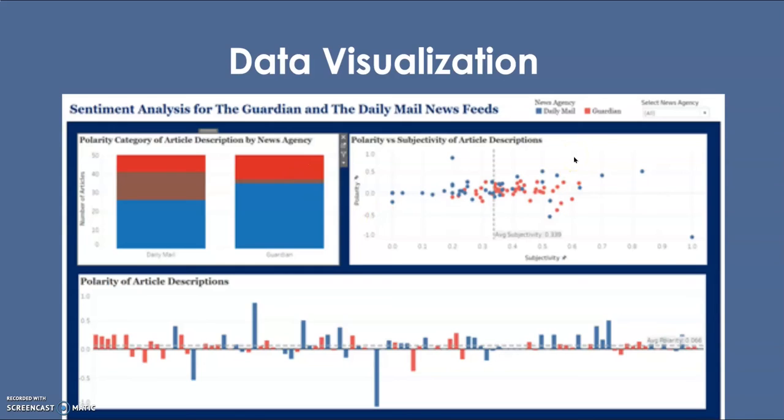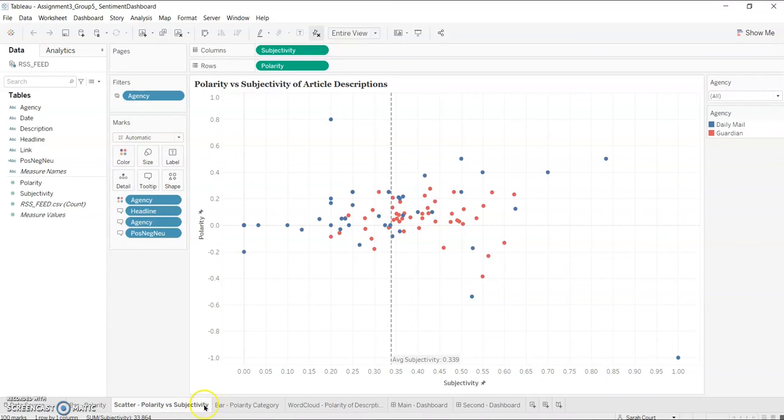Hey, this is Sarah, and I'm going to be going over the visualization aspect of our sentiment analysis. As previously mentioned in our presentation, we've used Tableau to create our dashboard with the data. So we've created the different visuals in separate tabs so that we could assemble our dashboard.